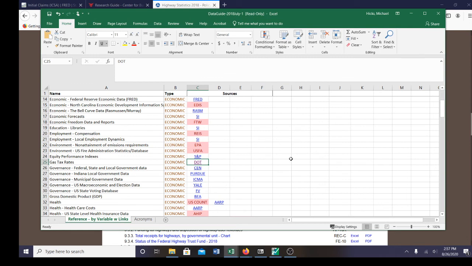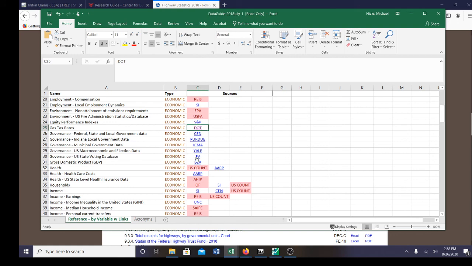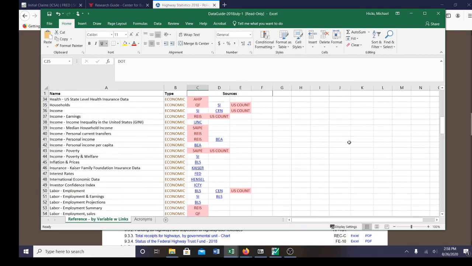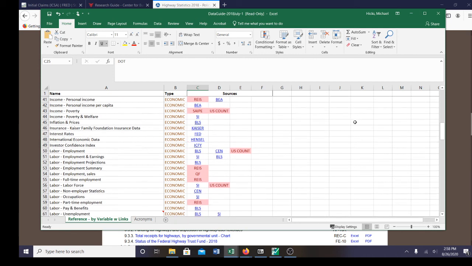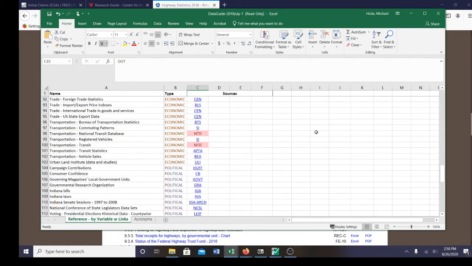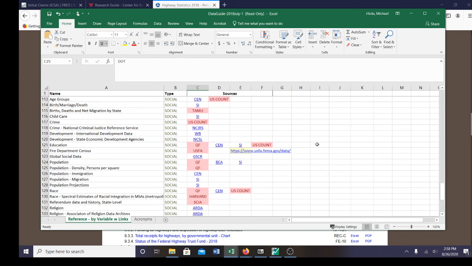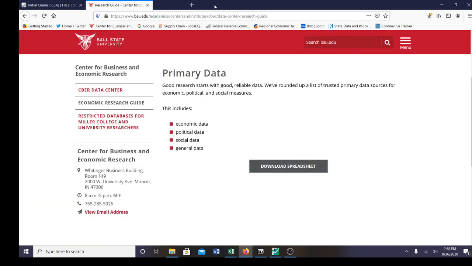So Indiana local government data, municipal government data, U.S. voting database, GDP data, healthcare data, poverty data, and it gives secondary sources like the Kaiser Family Foundation insurance data, international economic data, and then sources usually to that, and then a fairly broad list of data. So each one of these represents typically several dozen, and we have 135, 136 data sources on this website. So I think that's a pretty good tool for you to consider looking for data at.